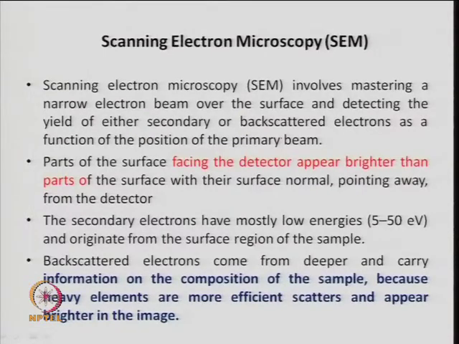Principle-wise, scanning electron microscopy involves scanning a narrow electron beam over the surface and detecting the yield of secondary or back scattered electrons as a function of the position of the primary beam.